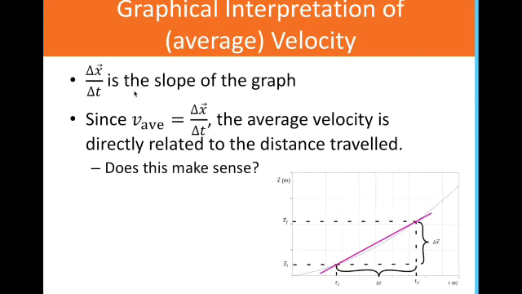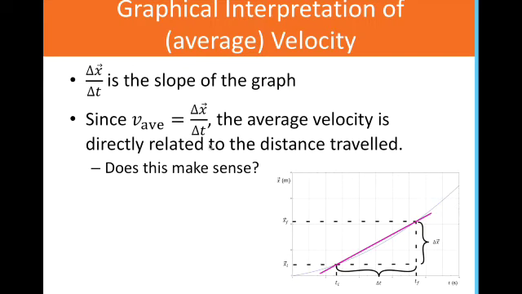From this, we can infer that the change in displacement over the change in time is the slope of the graph if we're looking at the position versus time graph. Since the average velocity is just this quantity, it's directly related to the slope and the distance traveled.